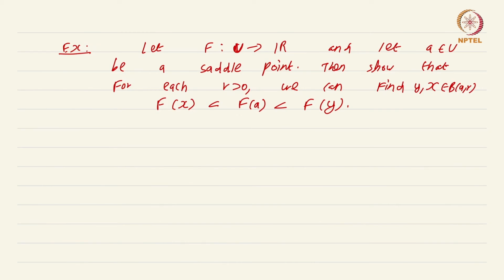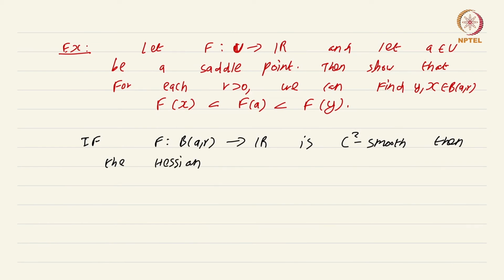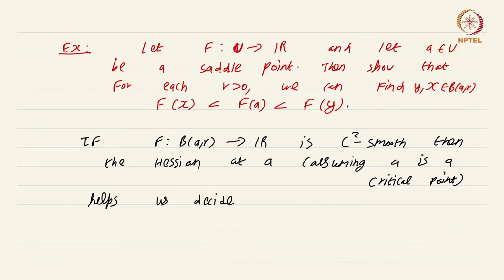So if f from B(A,r) to R is C2 smooth, then the Hessian at A, assuming A is a critical point, of course, helps us decide the nature of the critical point, that is whether it's a local maximum, a local minimum, or a saddle point.